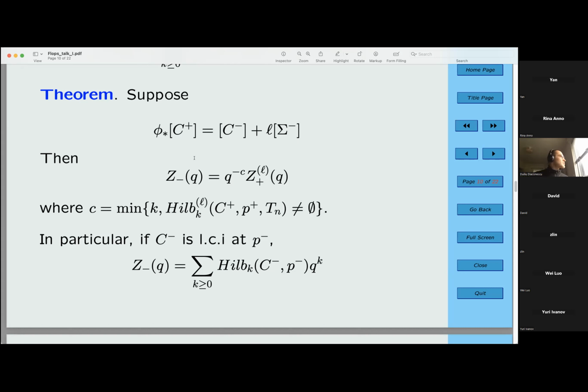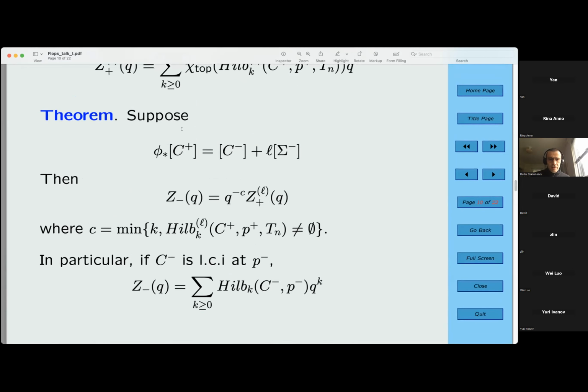Yeah. Okay. The correct thing to say, it defines a map of numerical equivalence classes of 1 cycles. Okay, thank you. Yeah, that's the statement.